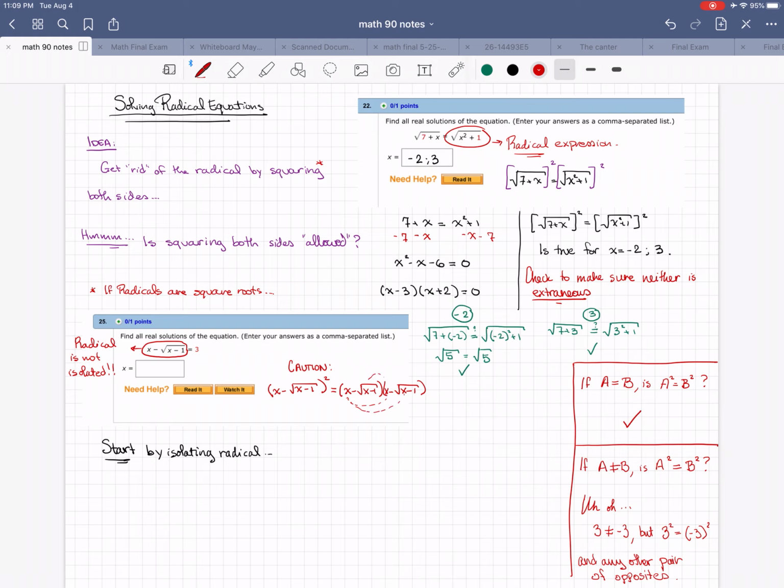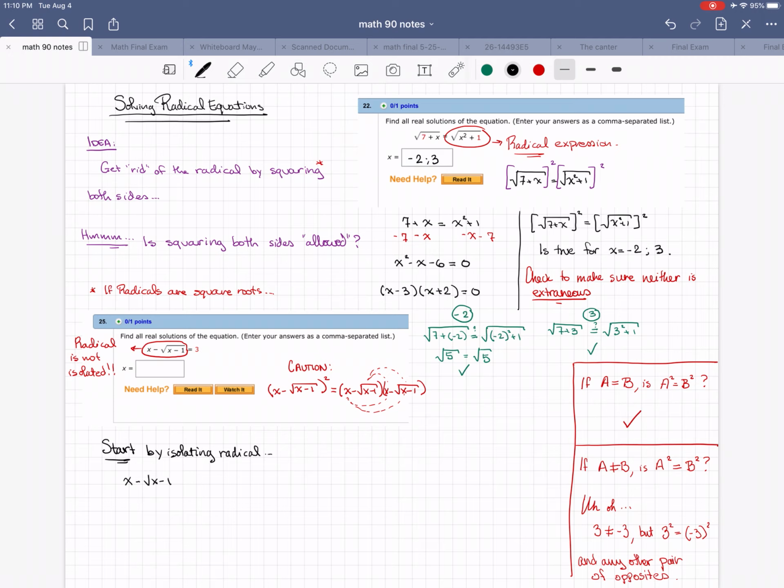And you can see very clearly that you end up with this messy situation where you end up with 2 identical copies of x times the square root of x minus 1. So in some sense, if your goal is to get rid of the radical, this does not accomplish that goal. But if the radical is by itself and you square, that will get rid of the radical. So that's a quick explanation of why we always start by isolating the radical if we can. Okay, so here goes.